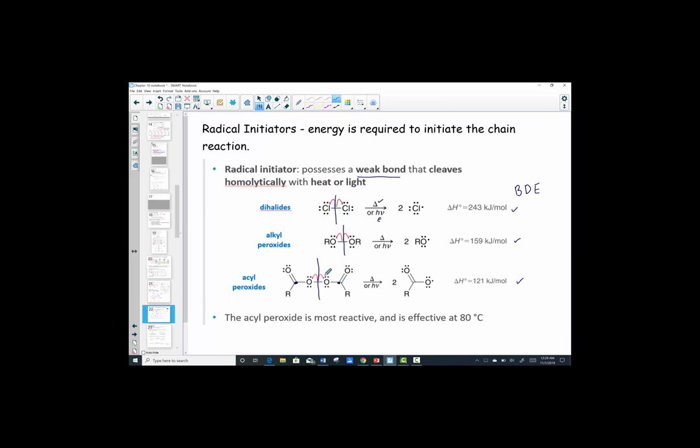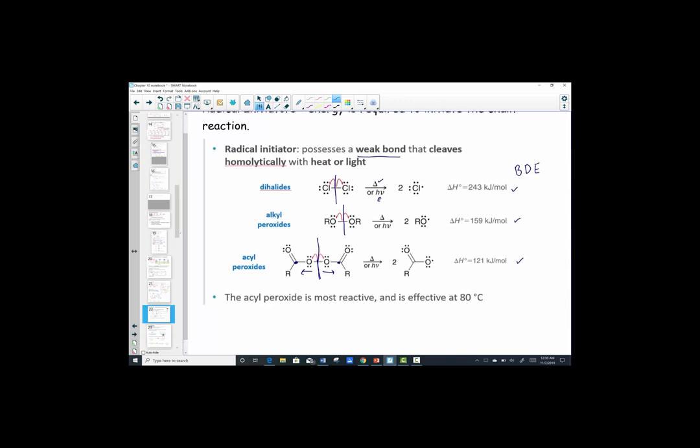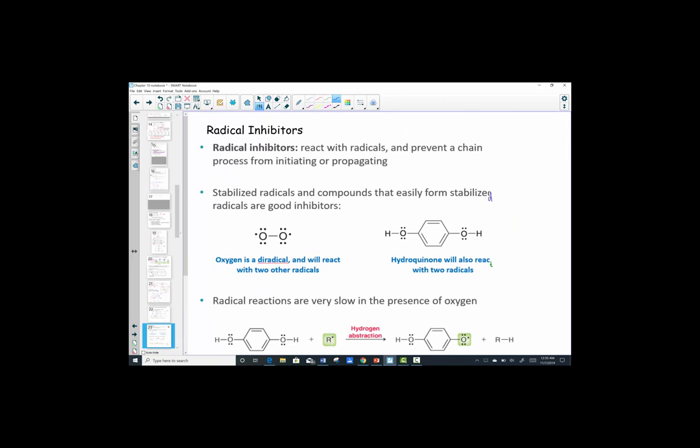So we see an electron withdrawing in both directions, making this bond very easy to break. So these are examples of the types of molecules we use to initiate reactions in a radical mechanism. On the opposite end of the chain, we need to stop or terminate, so we look for radical inhibitors. These radical inhibitors react with radicals to stop the chain from propagating.